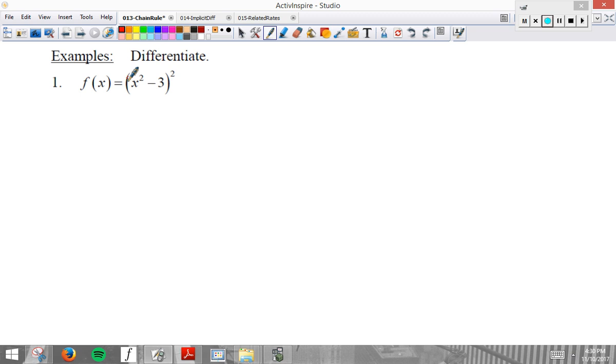I see exactly an outside function surrounding an inside function. Christmas decorations. So, I need to take the derivative of this situation.